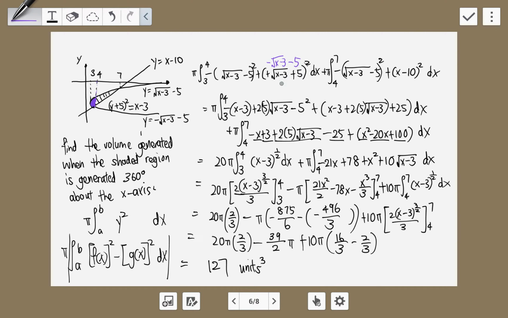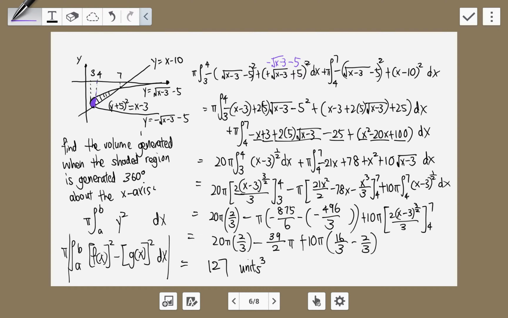The integration at this part is pretty straightforward. I just expanded them out, and it simplifies to this. For this one I expanded out fully, and it simplifies to this, and then I just apply integration to get this, and I substitute the values inside to get this.